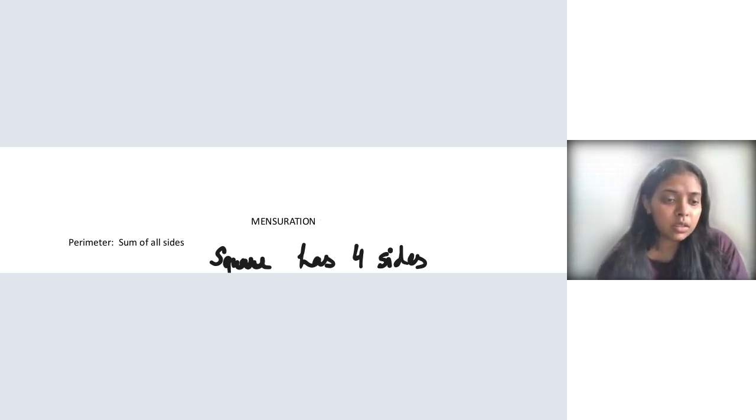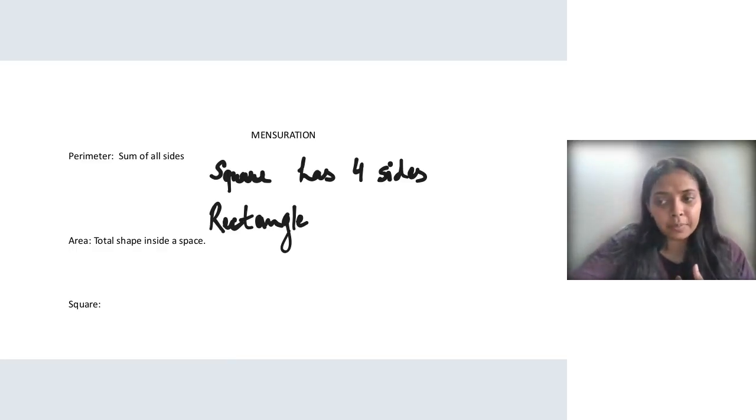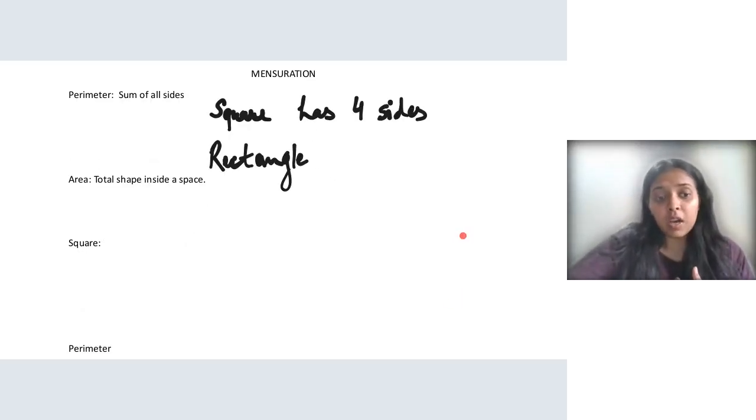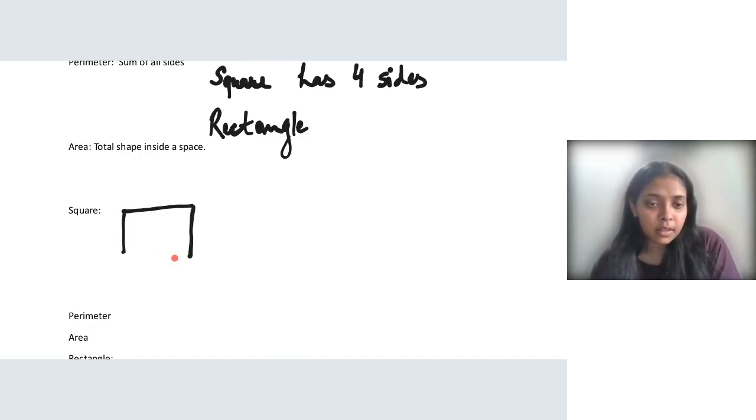Okay, so let's get back to it. You said that in a square all four sides are equal, and in a rectangle two opposite sides are equal. Is that correct? Yes. Very good. So now this is a square, all four sides are equal.